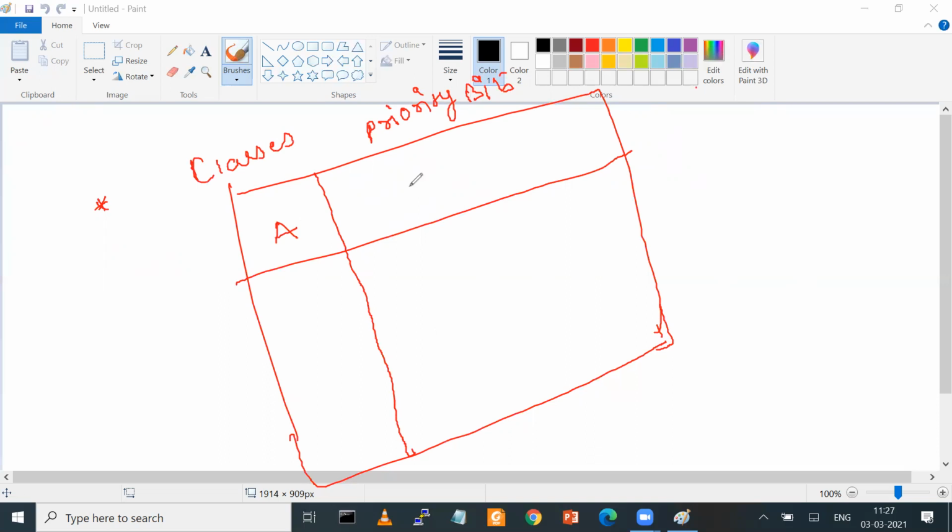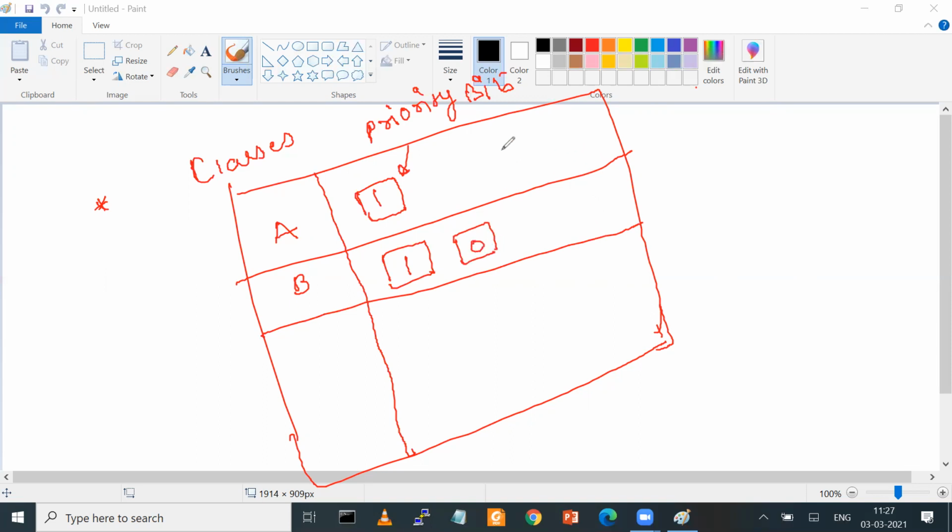Class A priority bit is 0. It means in case of class A, the first bit should be 0 when we convert to binary. So this is the priority bit of class A. In a very similar way, for class B, the first 2 bits should be like this: the first bit should be 1, the next bit should be 0.